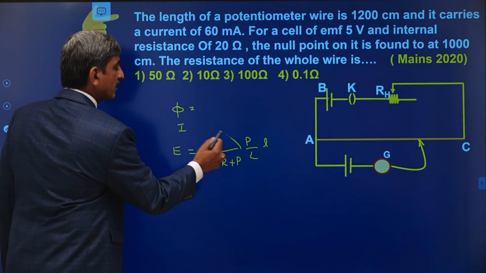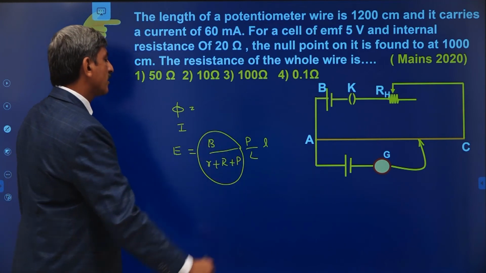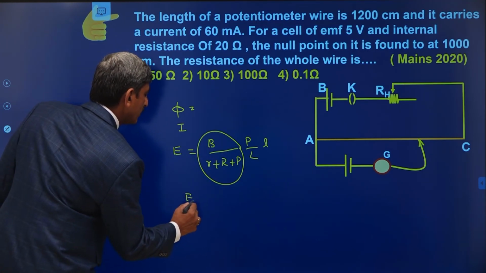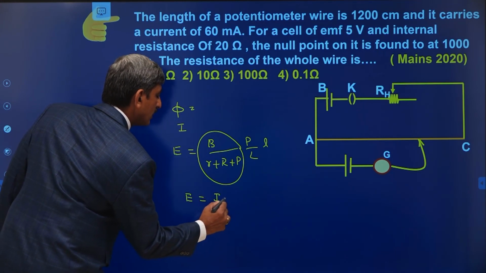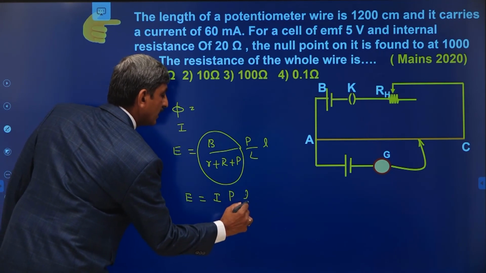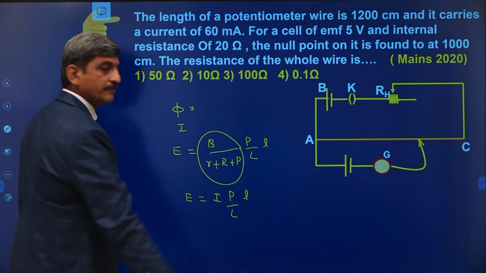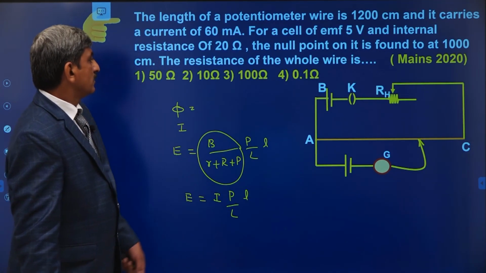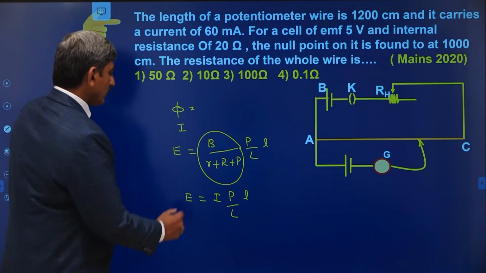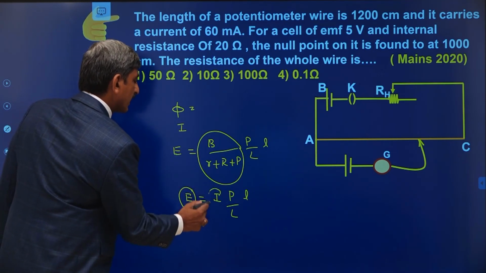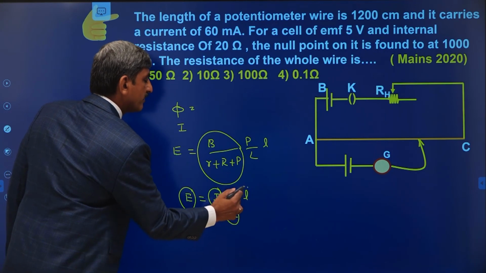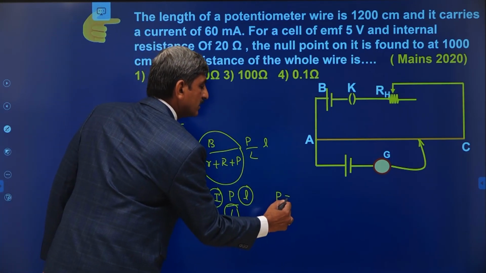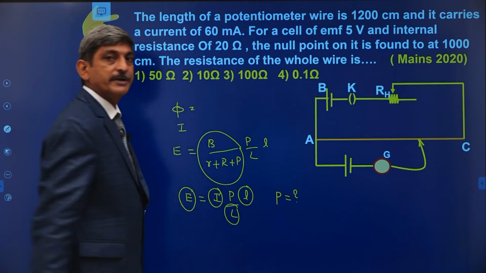So this entire term E by (R plus r) is nothing but the current, so that we can use the formula E is equal to I r l divided by L. So in this problem, EMF is given, current is given, length of the wire is given, and balancing length is given, and we want to determine the resistance of the potentiometer wire.